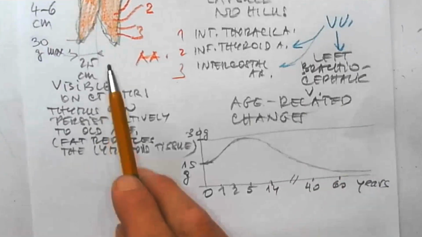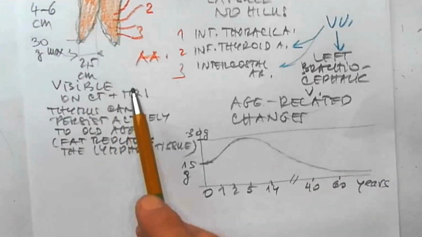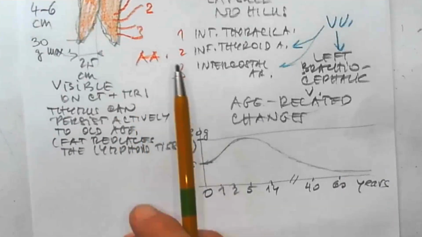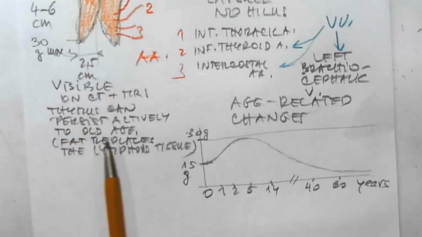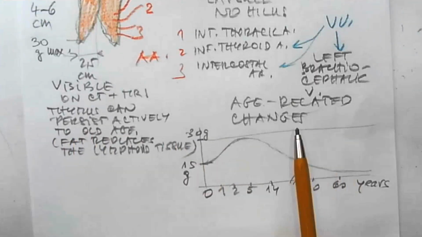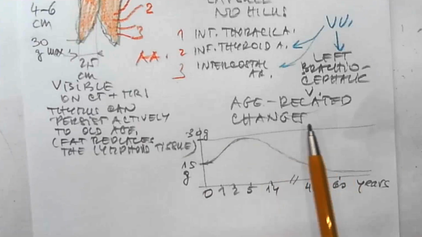So we know the size, dimensions, position. Position is behind the sternum. It's not that easy to say, because in some cases the thymus could be even longer.